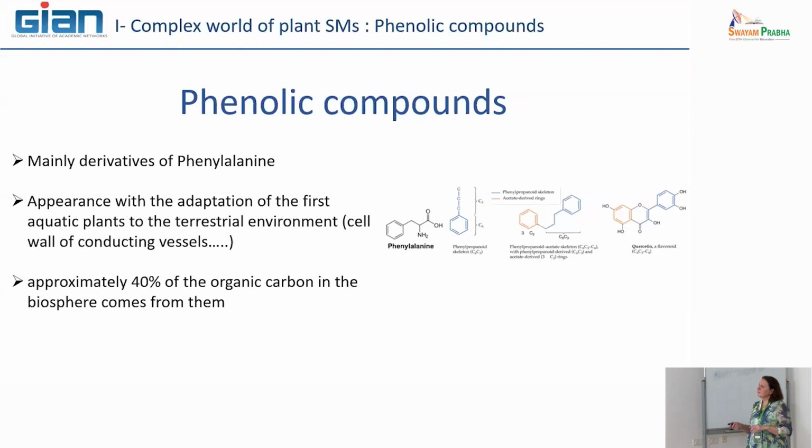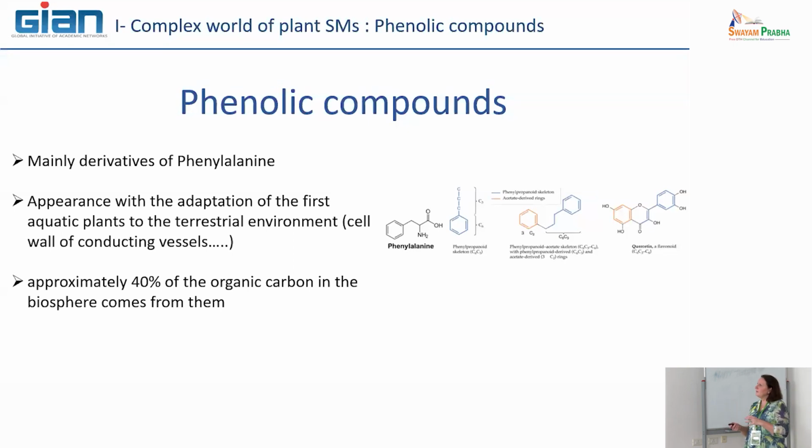And they are really closely linked with the terrestrialization of plants. So it is important to compare, for example, mosses with angiosperms to find several different types of phenolic compounds.